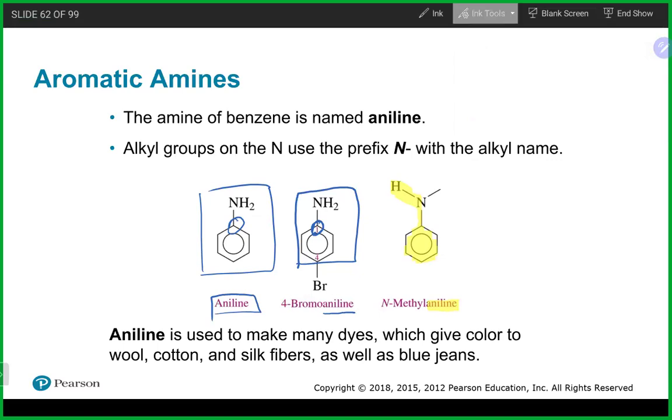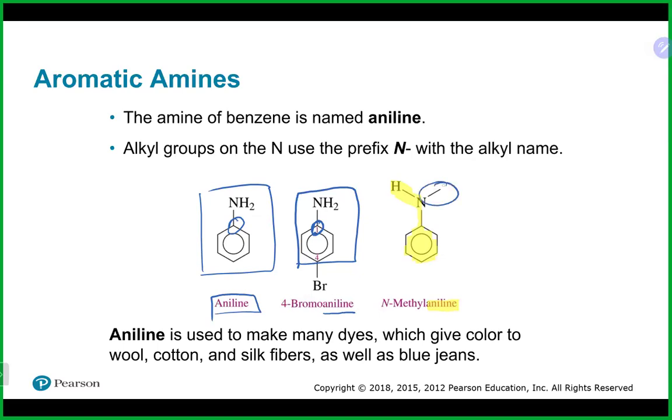But in this case, we also have a methyl group there. The difference, though, is in this case, and what happens with amines and also amides, as we will see, it's not actually attached to a carbon. Normally we reserve numbers for carbons, like carbon number 1, carbon number 2, carbon number 3. Here it's actually attached to the nitrogen.